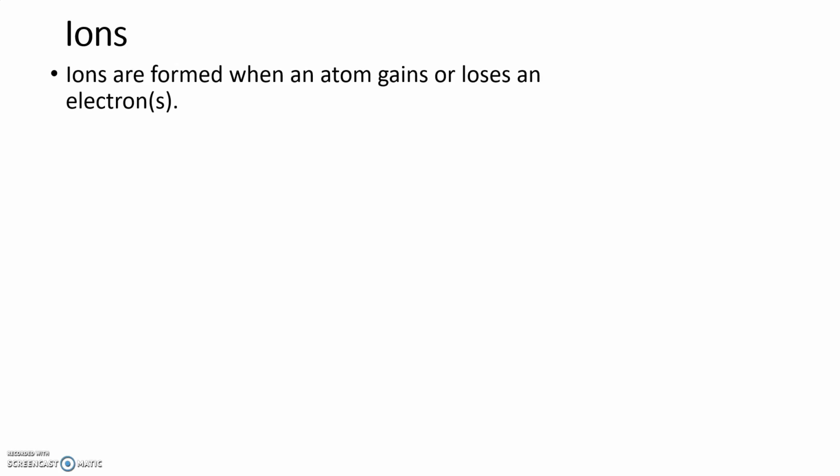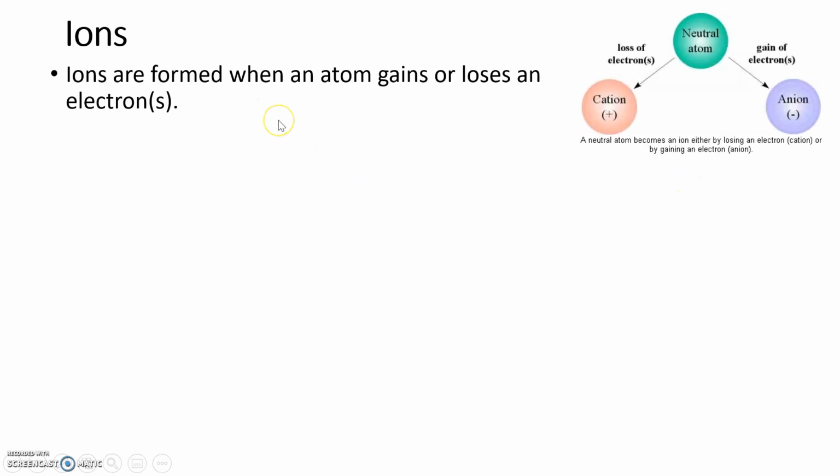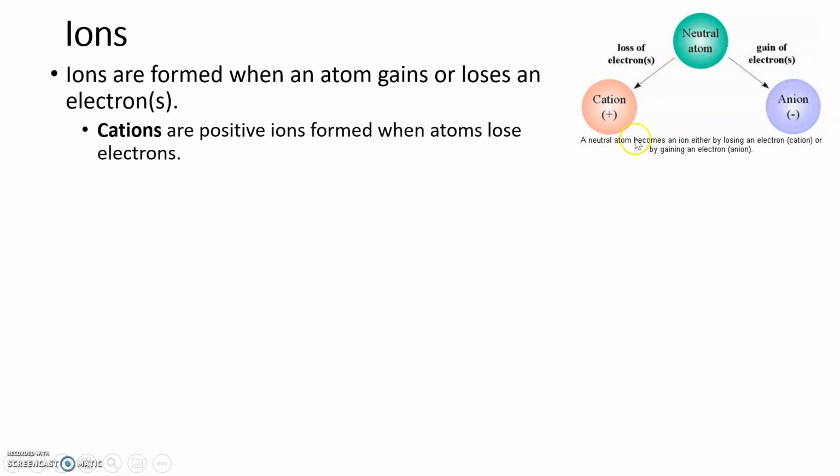But most of the rest of what we're going to talk about is ionic radius. So, quick recap, ions are formed when an atom gains or loses an electron. If an atom loses an electron, it's going to have a positive charge. It's going to have more protons than electrons. Electrons are negatively charged. Protons are positively charged. So if you have more positives than negatives, you'll end up with a positive charge.